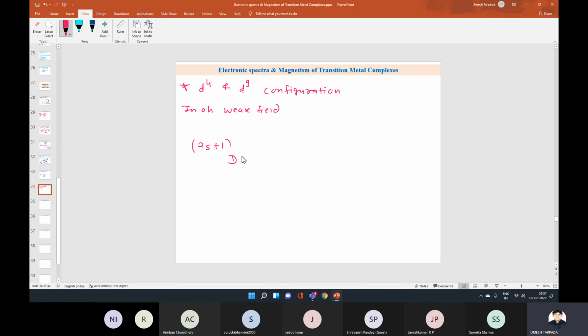It is split into T2g 2S+1 and Eg 2S+1. Again the same thing is here.